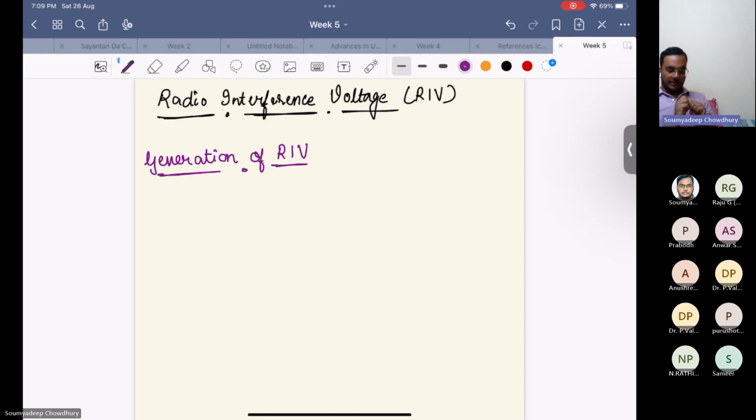Due to these multiple collisions, a stage is reached when there is an avalanche, or a flood of electrons, within the medium between the two electrodes. Once there is a flood of electrons, obviously that medium will be conducting. That is when we say breakdown or flashover of the insulating medium occurs. This is the basic physics of the breakdown of a gaseous insulation.